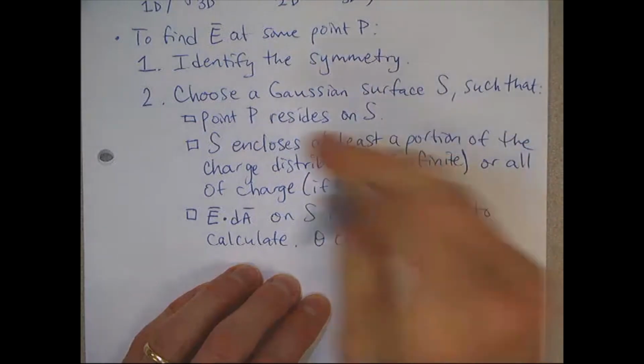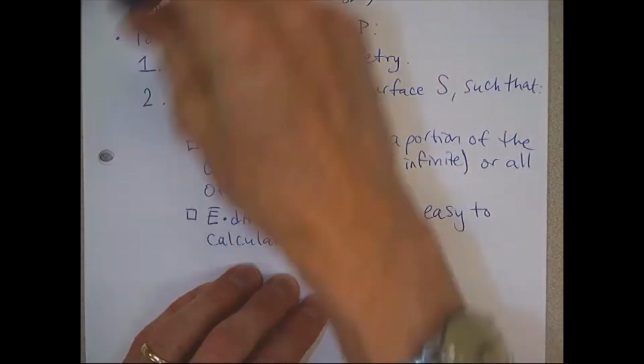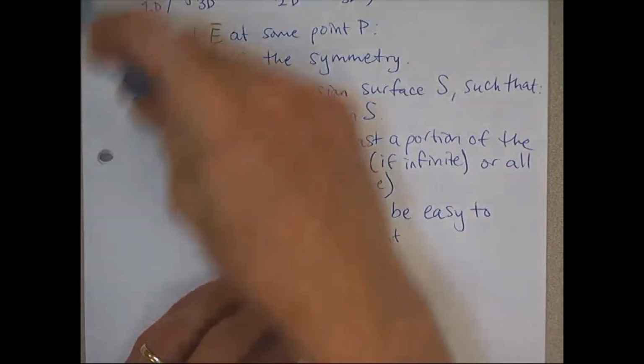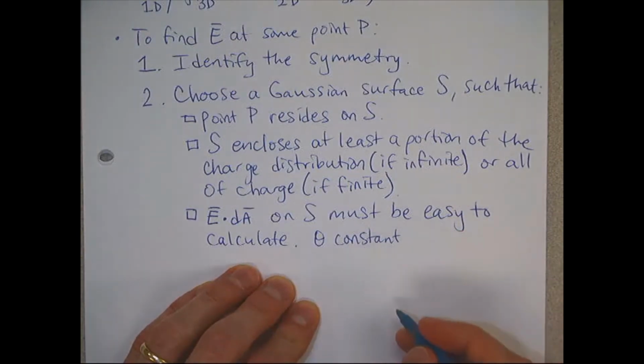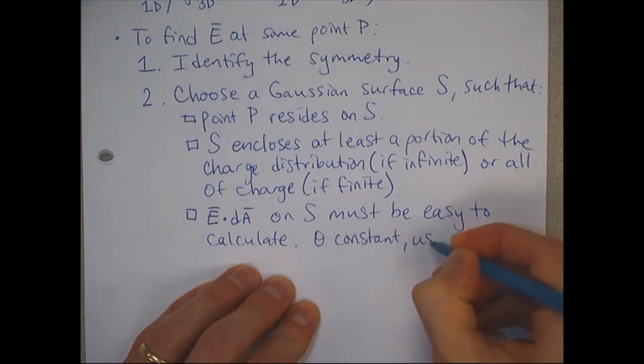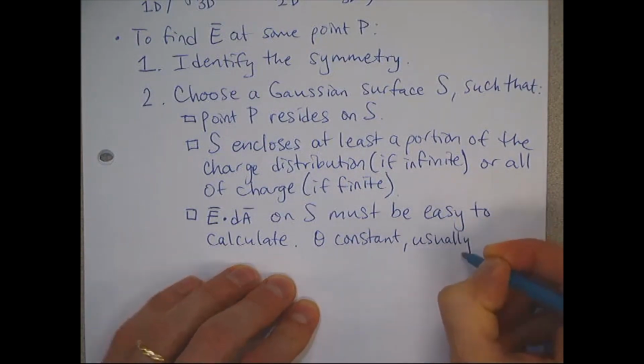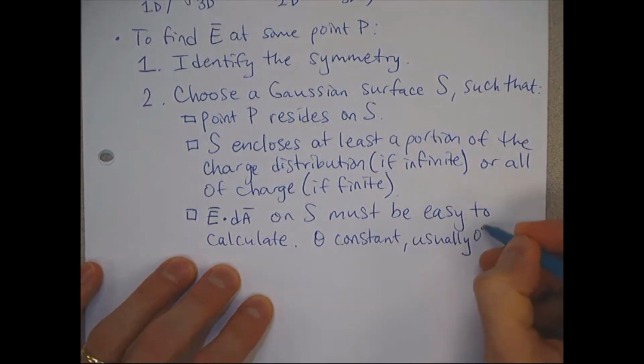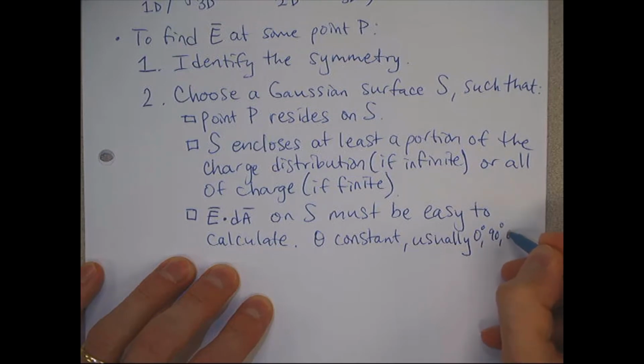It's not changing as you're going across the surface. And it's usually 0 degrees, 90 degrees, or 180 degrees.